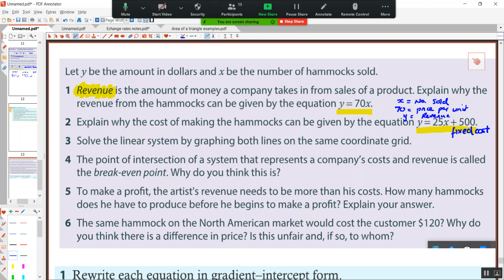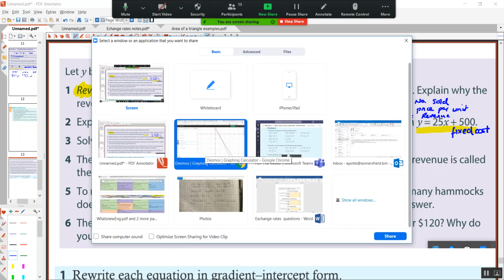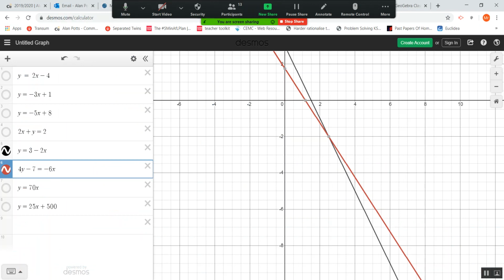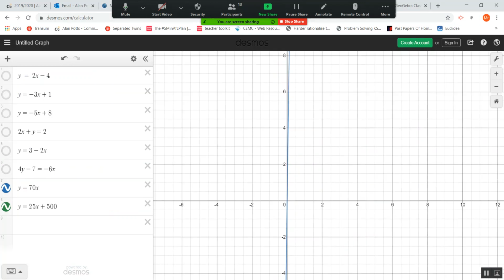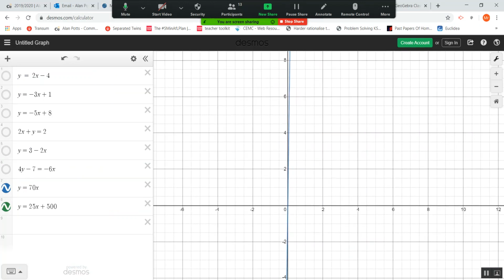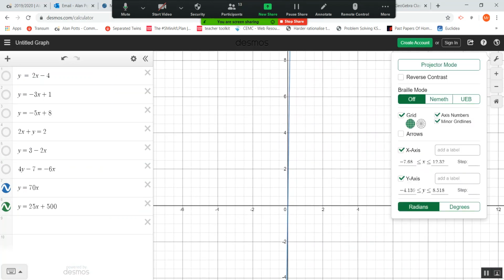All right, so we're going to solve them by graphing, which I've already got ready for us. So here we go. We've got these two. And right, I can't see anything, guys. So I'm going to set my axes. Tell me what to set them as. So what do I set my X as? 70.